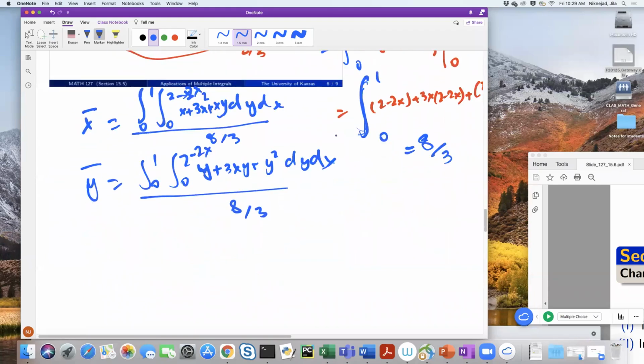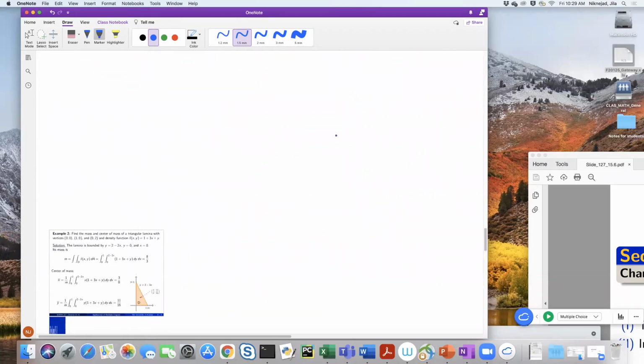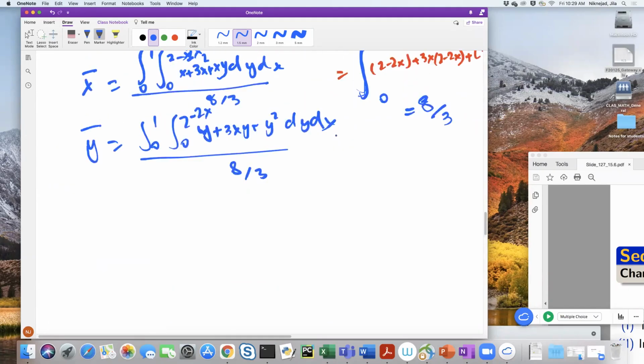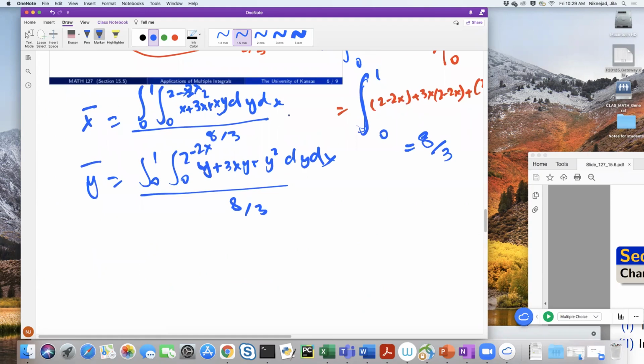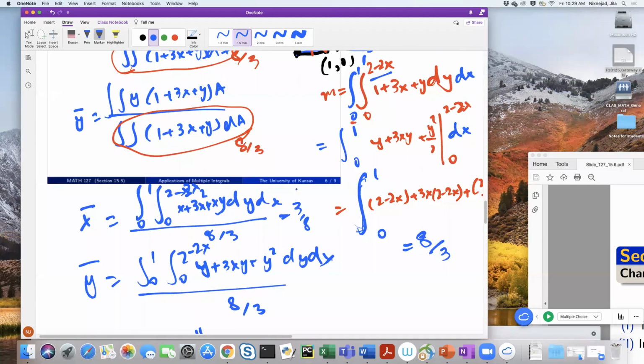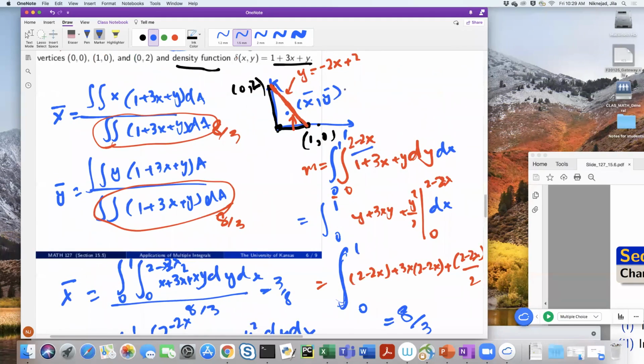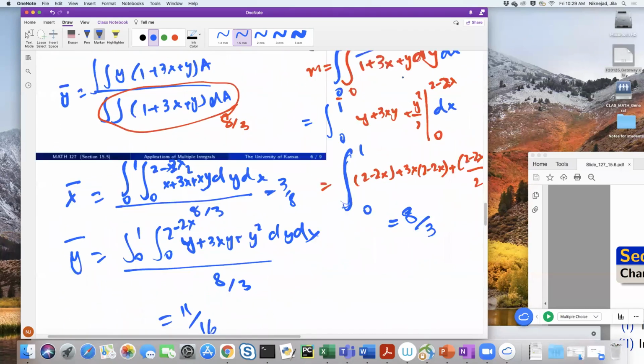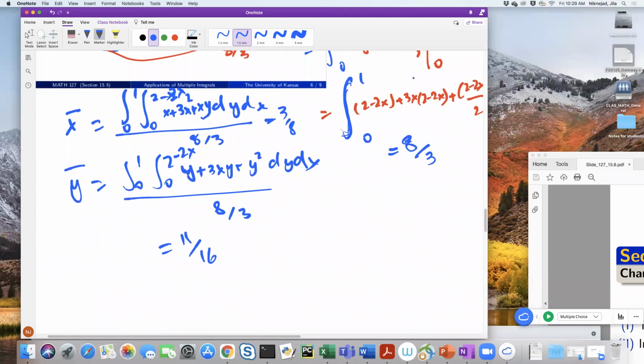And so the answer to the first one is 3/8, and 11/16. So there's the point, 3/8 and 11/16. That point over there is that.